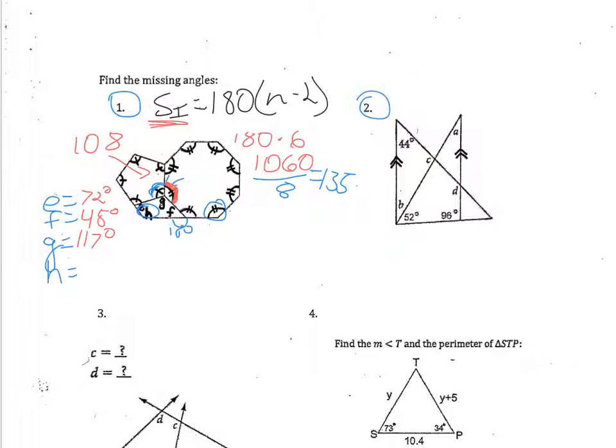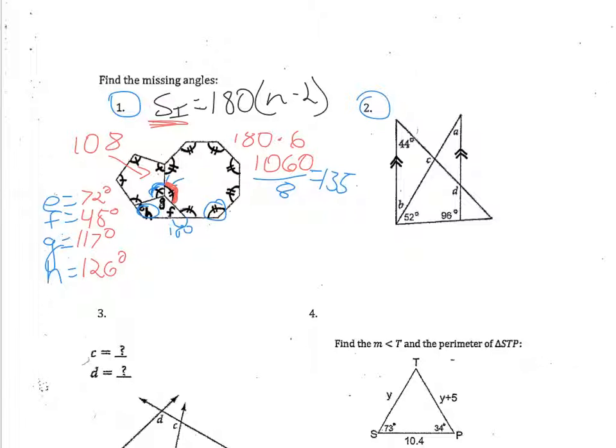So we'll add up all of these numbers, our E, F, and G, and take that away from 360 to be left with H. So we have 360 minus our 72 minus 45 minus 117, and we will end up with 126 degrees. And I know that many of you got that, and that was wonderful, but those were just some helpful hints on figuring that one out.